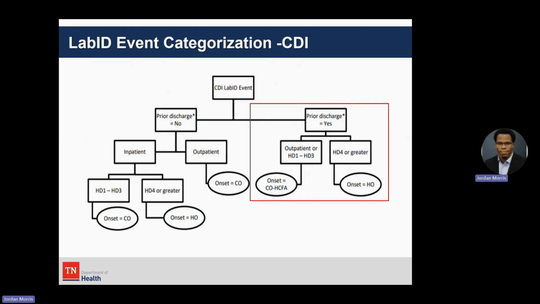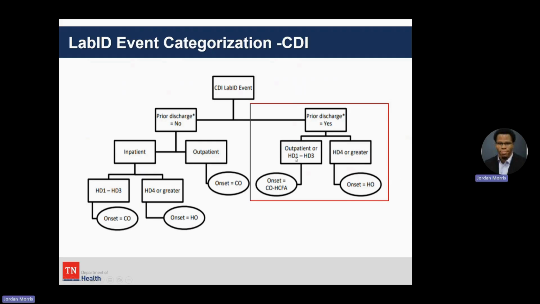So when we are looking at the CDI LabID events, onset will be community onset healthcare facility associated if the patient has a prior discharge and was an outpatient or in a facility for 1 to 3 days.